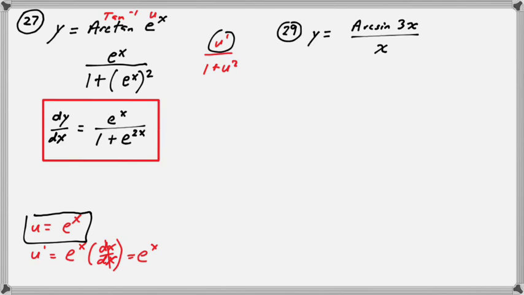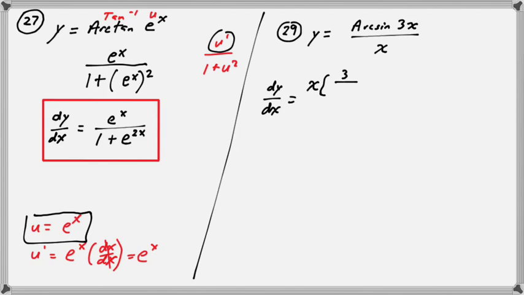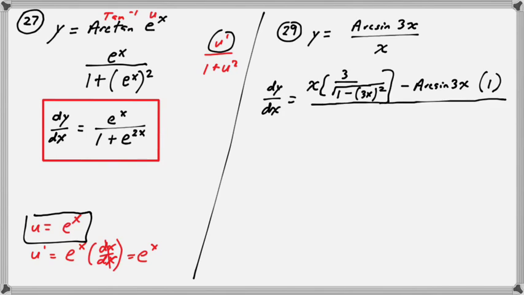29 is a quotient, so I need the quotient rule. So I will do the quotient rule here. The bottom times the derivative of the top, u prime over radical 1 minus u squared, minus the top, arc sine of 3x, times the derivative of the bottom, which is just 1 dx, all over the bottom squared.